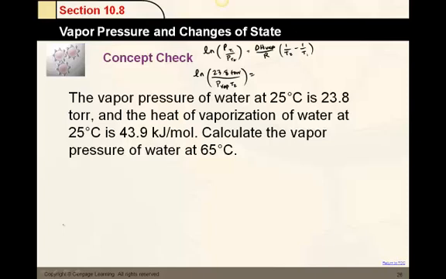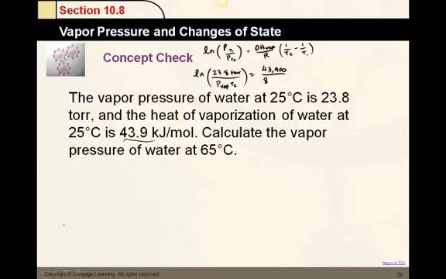The delta H of vaporization, they tell me it's 43.9 kilojoules per mole, which is perfectly fine. But you'll notice, on the previous slide, the value of R is in terms of joules. So I have to change this numerator, delta H, to 43,900, because it has to be in terms of joules per mole.